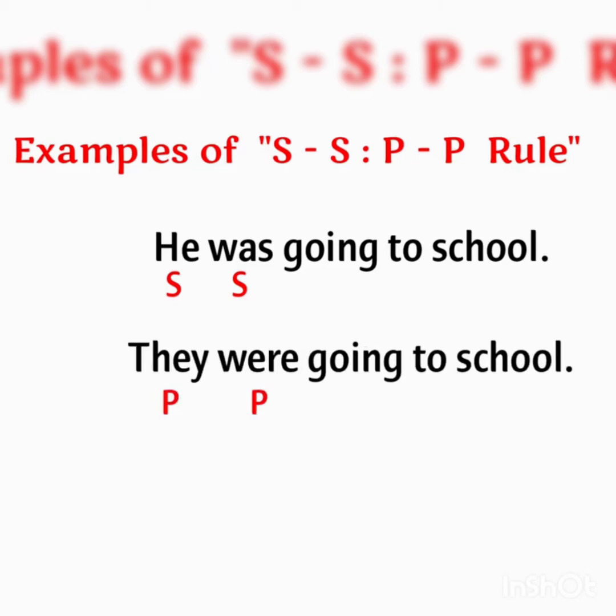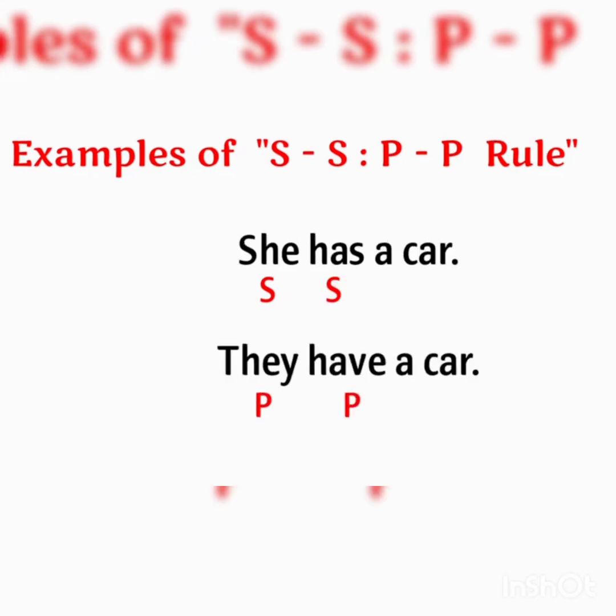So I hope the concept of singular subject, singular verb and plural subject, plural verb must be clear to all of you. Okay? Now let's have a look at another example. She has a car and they have a car. Again, she is a female, single, one only, and with that we will take the singular verb.